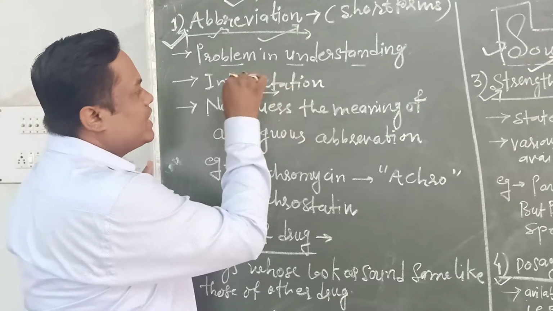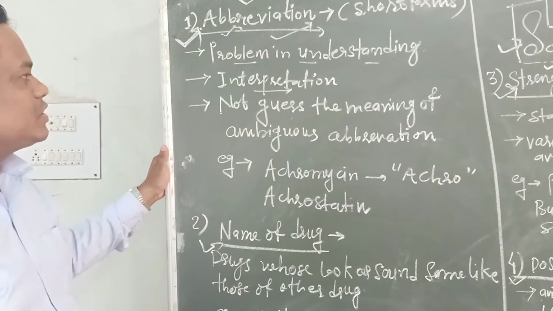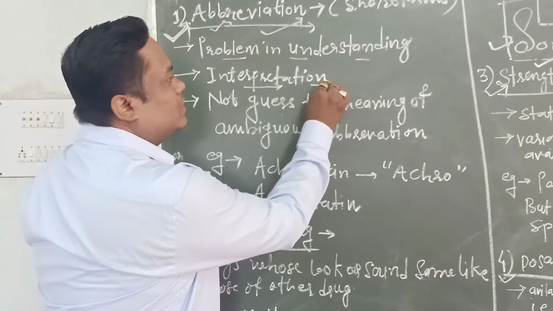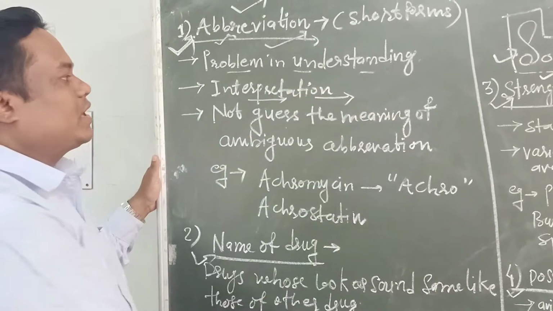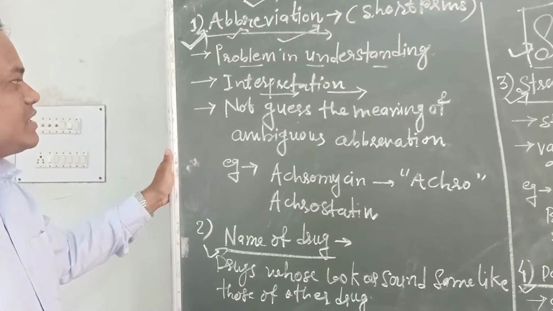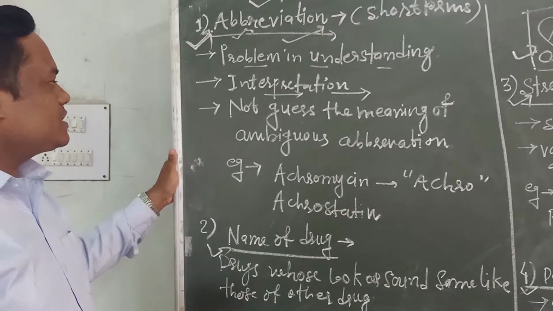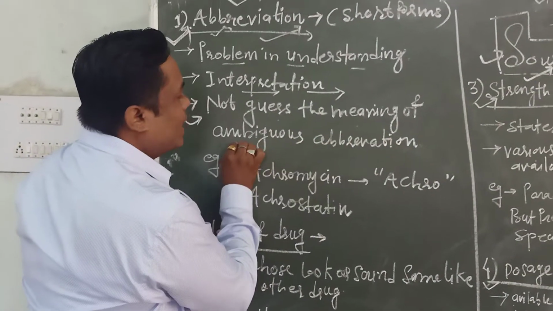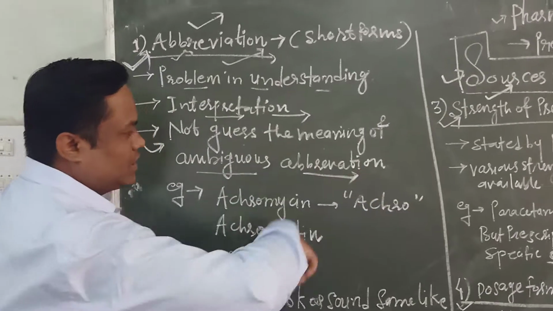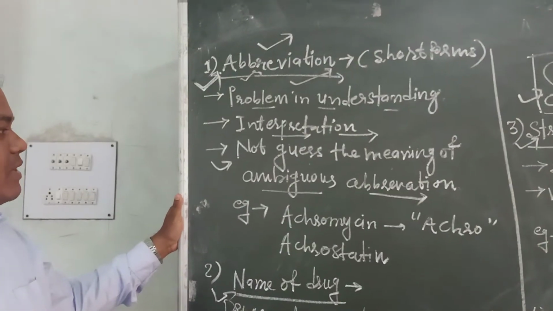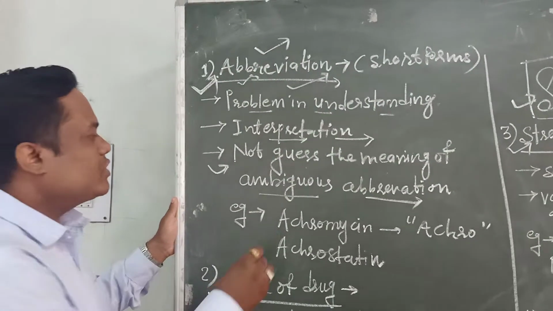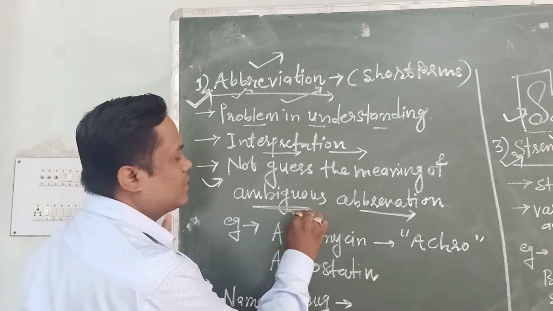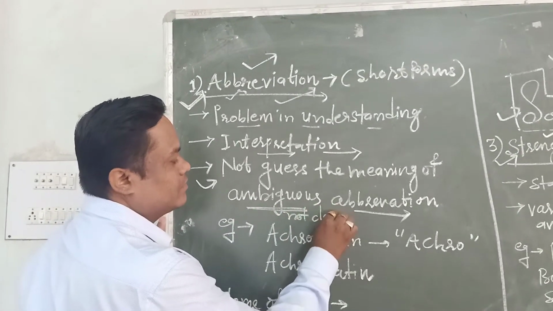Extreme care must be taken by the pharmacist to interpret the prescription properly. Then next, the pharmacist should not guess the meaning of an ambiguous abbreviation. Ambiguous means it is not clear or confusing.